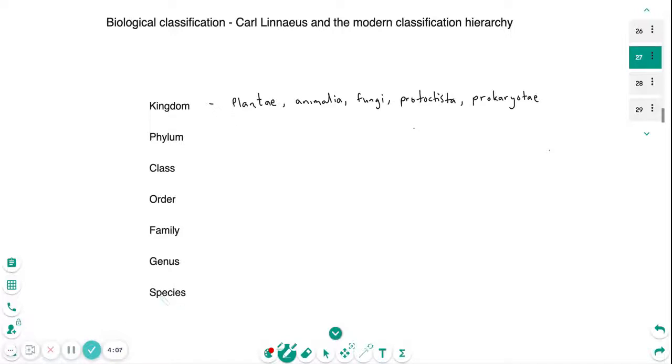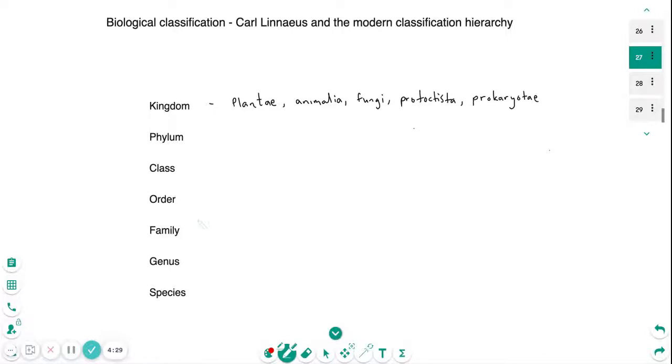A species is a group of organisms which can reproduce and produce fertile offspring if they're able to sexually reproduce. That's where it's confusing, as not all species sexually reproduce, but that definition will do for now.